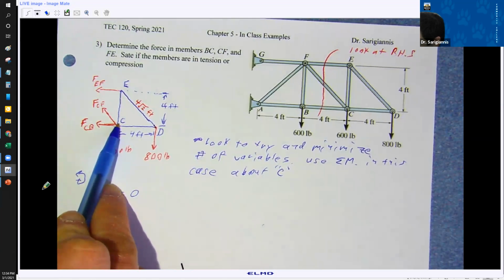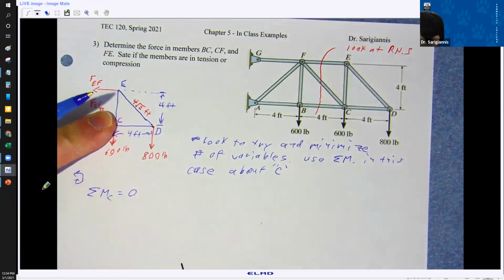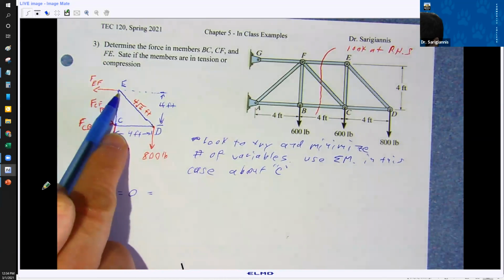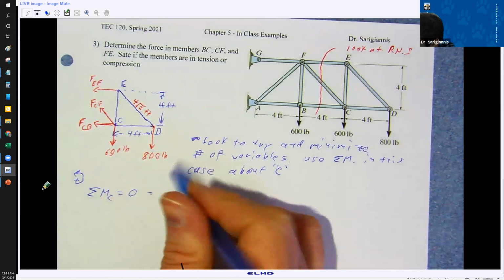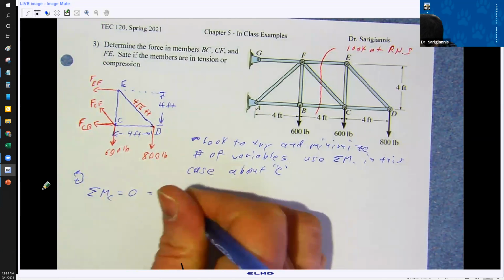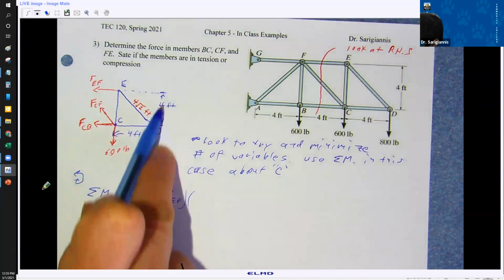So about point C, we've got basically 2 forces left. We've got EF, and EF is going to make a counterclockwise rotation moment, right? So we've got force EF times the perpendicular distance of 4 feet, right?